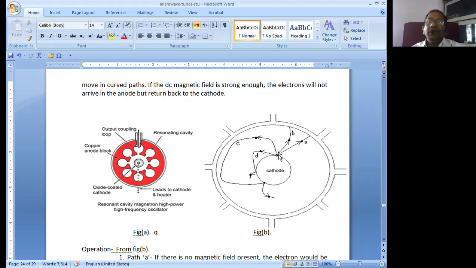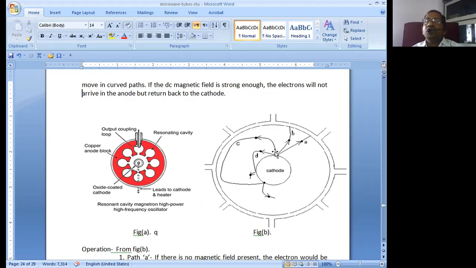So the path of the electron beam should be such that it will be going compulsorily nearer to the anode, much nearer to the anode. Therefore, how much magnetic field do you have to apply here? The magnetic field that you have to apply is going to be nearer to the critical magnetic field.